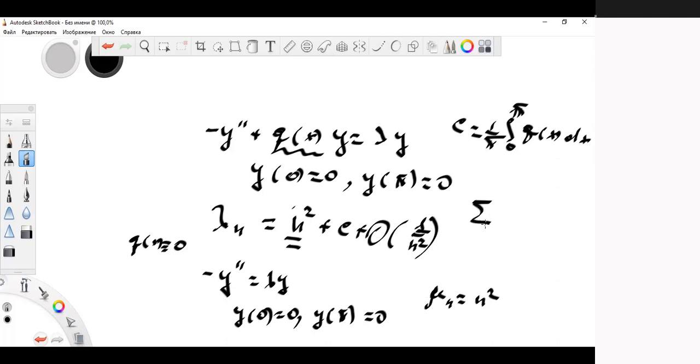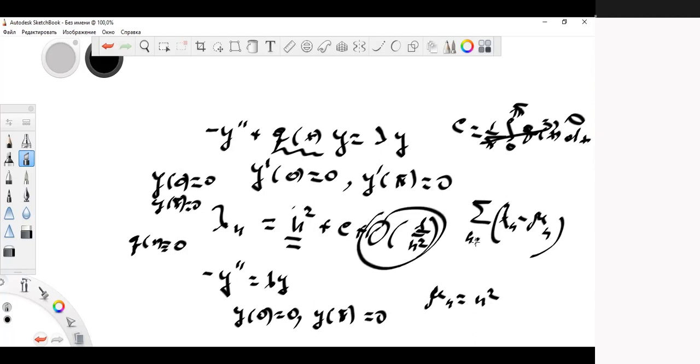In their famous work, Gelfand and Levitan first considered Neumann boundary conditions, and then Dirichlet boundary conditions, y(0) equals 0, y(pi) equals 0. They evaluated lambda n minus mu n, which is lambda n minus n squared, and if you put the constant to be 0 without loss of generality, you see that what remains is of order 1 over n squared, which forms a convergent series, and it appears that it can be evaluated by means of the potential.